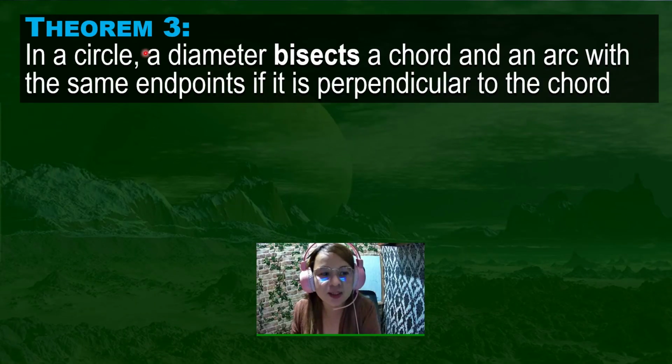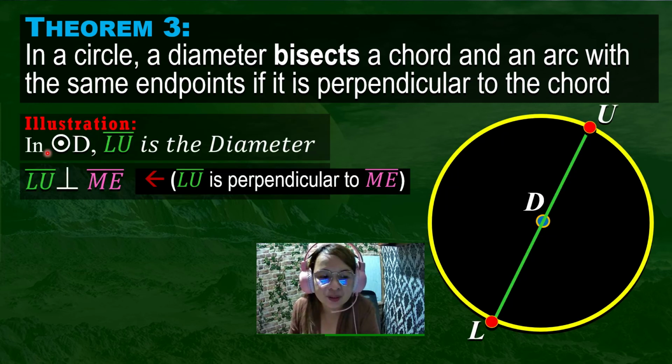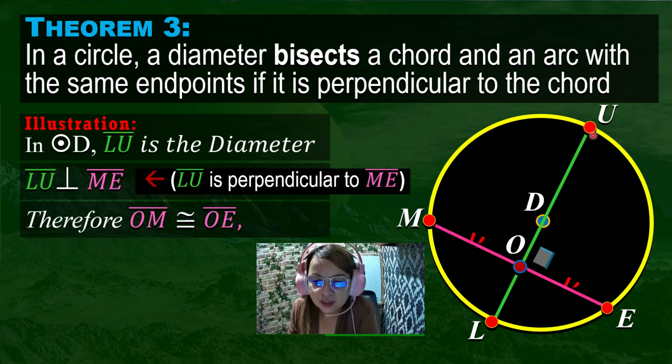Theorem number 3. In a circle, a diameter bisects a chord and an arc with the same endpoints if it is perpendicular to the chord. Ano ba yung bisect? Pag sinabing bisect, ibig sabihin, hinati niya. In circle D, chord LU is perpendicular to chord ME.